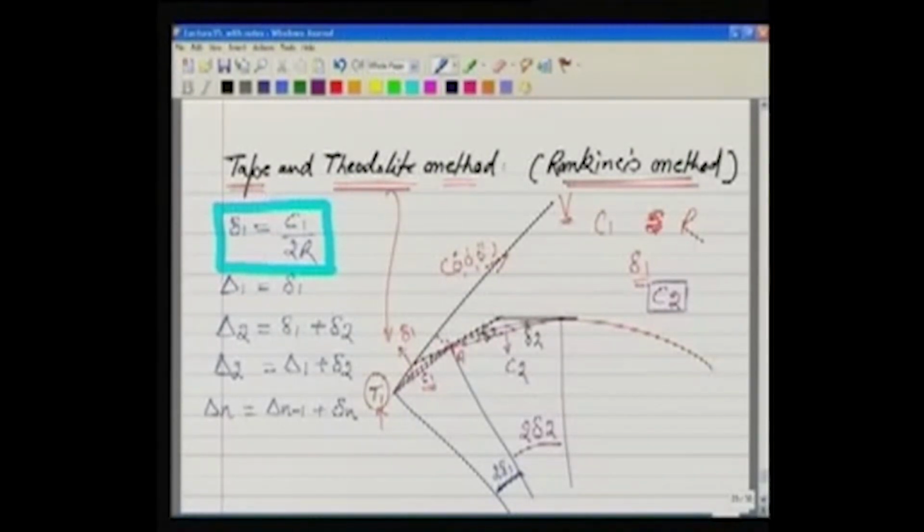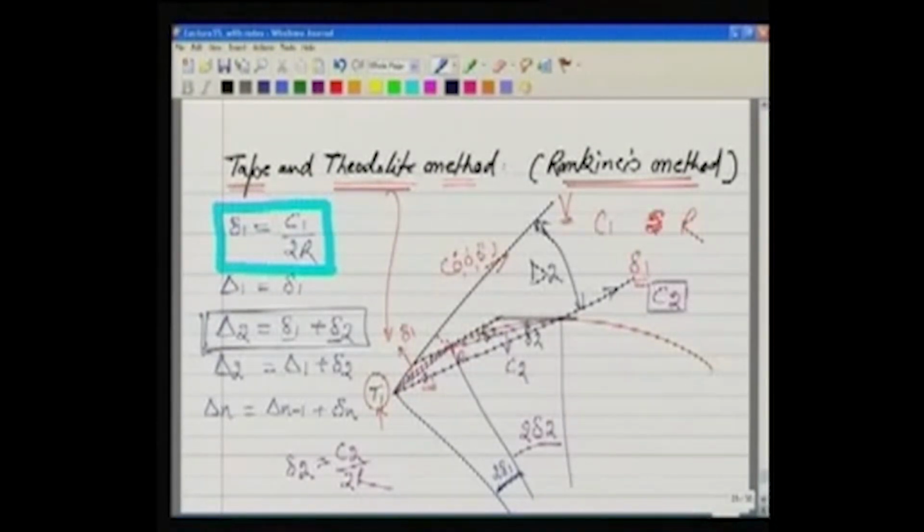Again we have the relationship delta 2 is C2 by 2R. Now my theodolite is set in such a way that it is looking at an angle equal to delta 1 plus delta 2, meaning the theodolite will look in this direction. So this angle is delta 2.